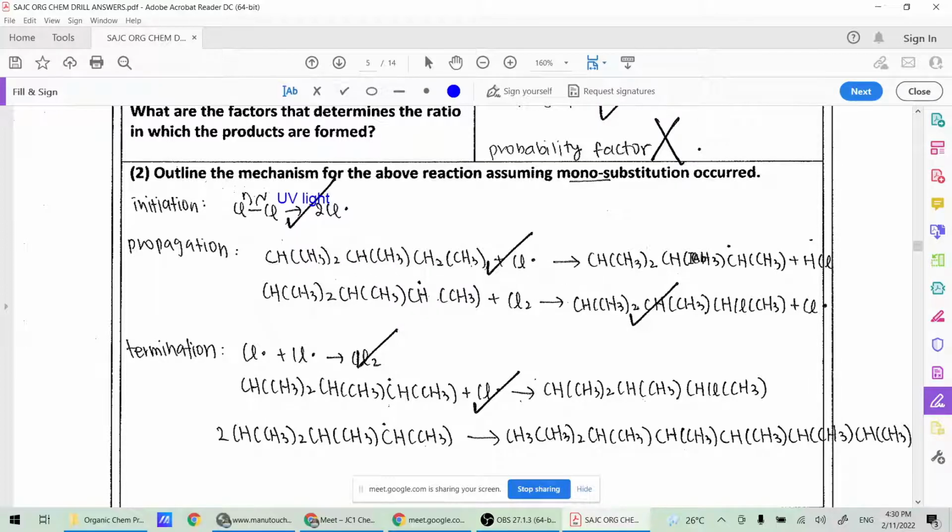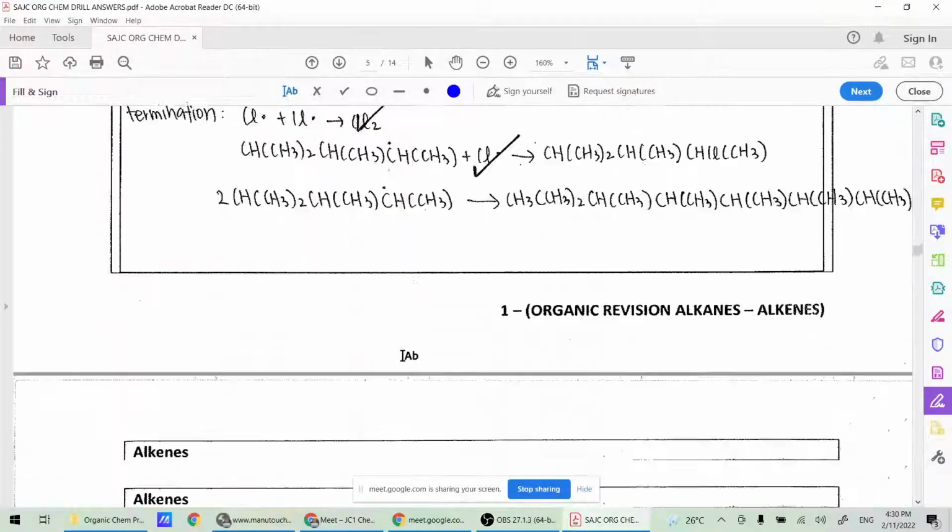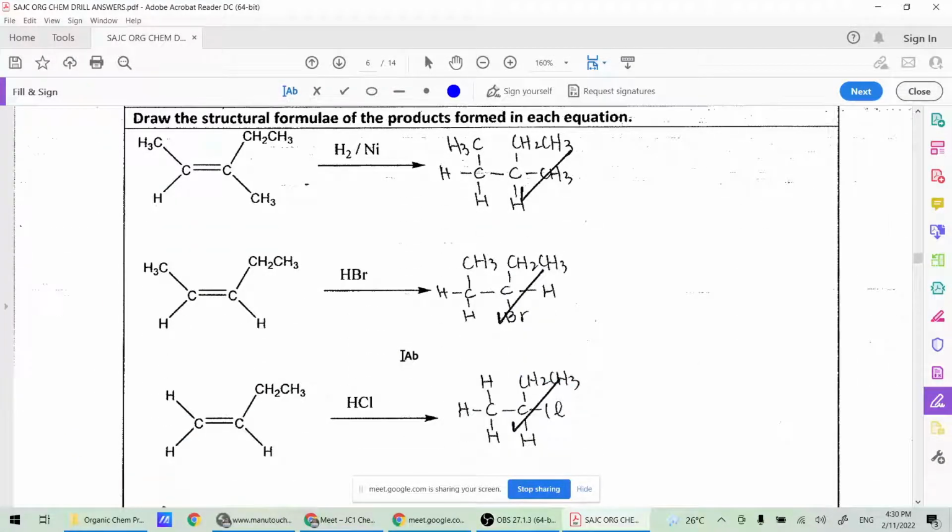Then the alkyl radical will attack a chlorine to regenerate the chlorine radical and give you a chloroalkane. So this propagating process will continue. Then don't forget to write your 3 termination steps. Two chlorine radicals will meet to give you Cl2, then the other 3 products as shown.